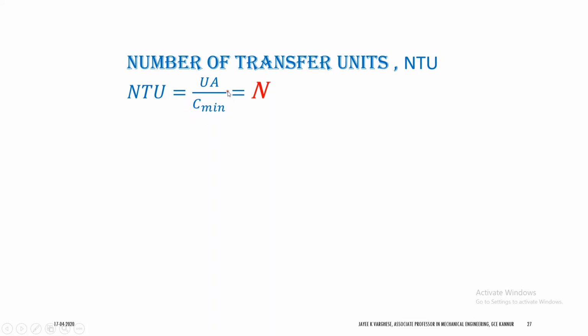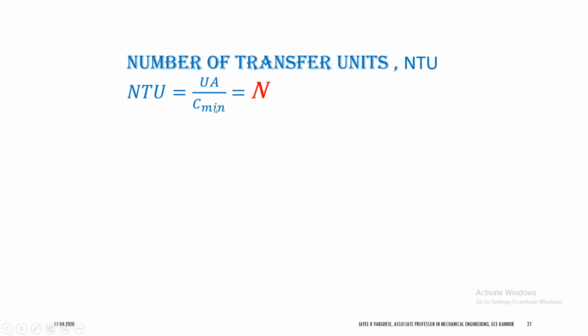So, UA is the heat conductance, the inverse of the resistance. Conductance of the fluid divided by minimum heat capacitance is known as the number of transfer units of the heat exchanger, NTU. This actually represents the size of a heat exchanger.